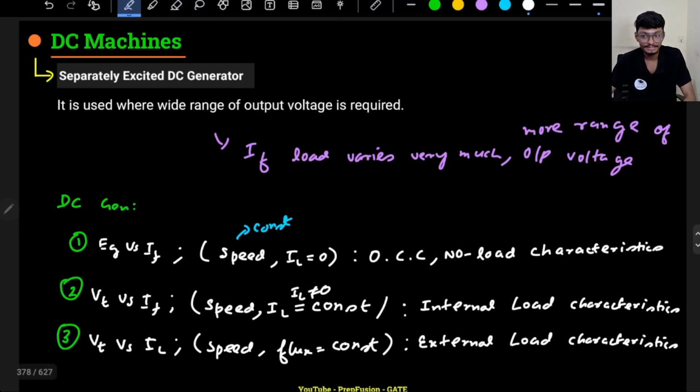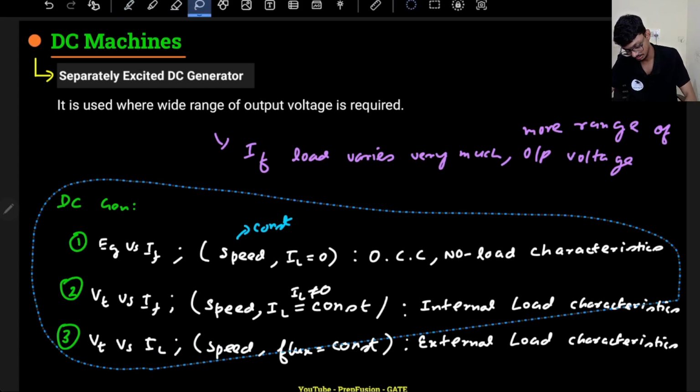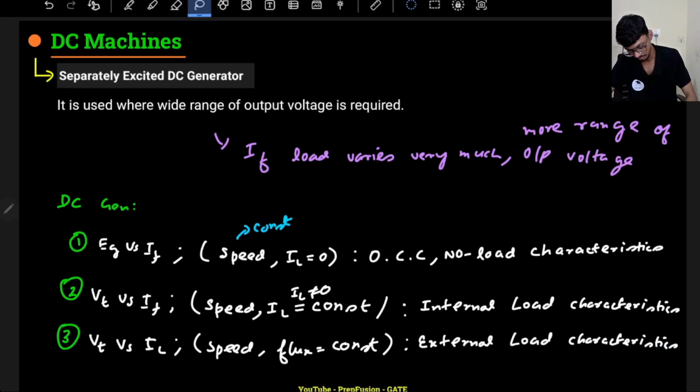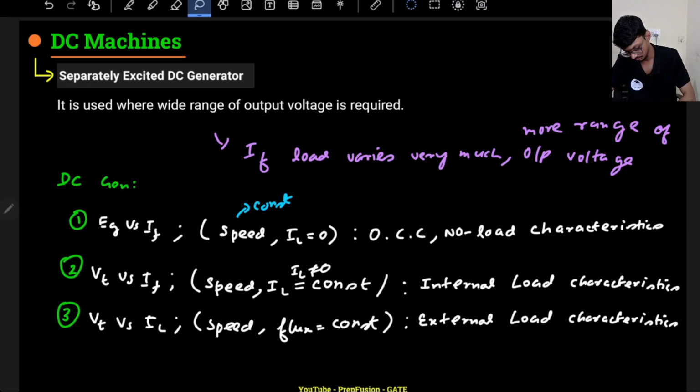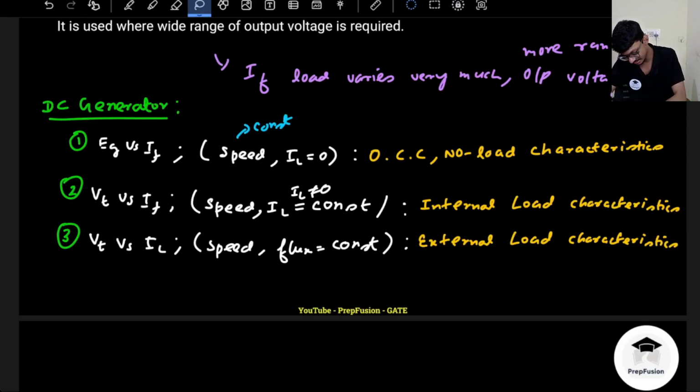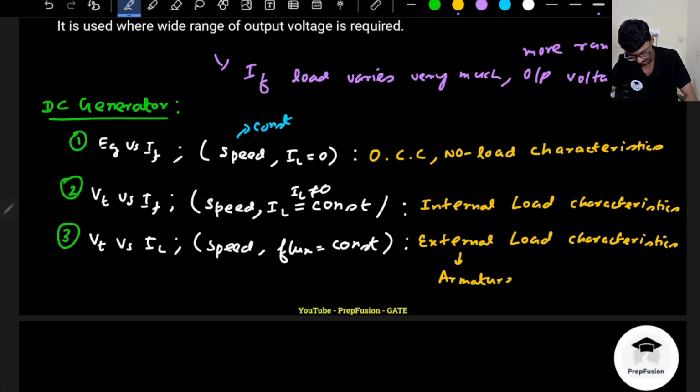Okay, there is another kind of characteristics for a DC generator. The fourth one actually is the same one only, that is this external load characteristics, also known as the armature characteristics or load regulation characteristics.